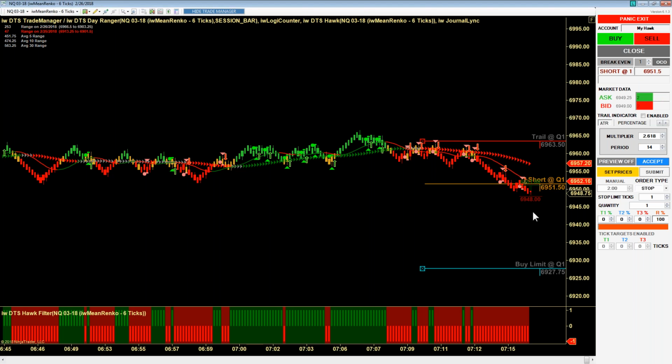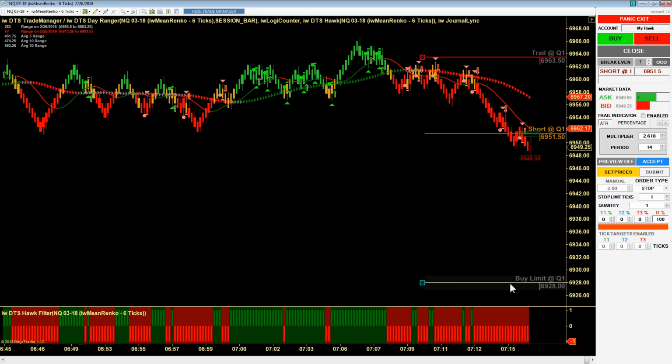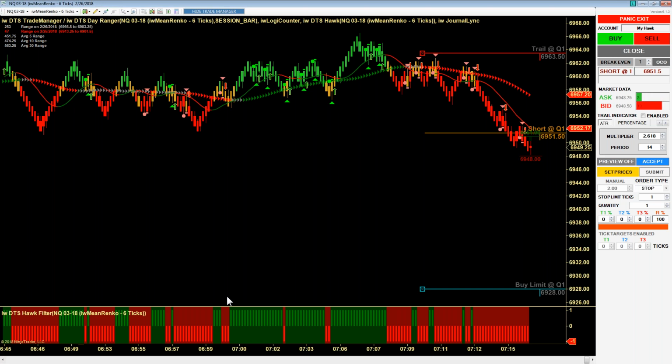Any other price above here will not get me filled. It has to come down at least to 69.27. Here we'll make it 69.28. It has to come down at least to 69.28 and exceed it by one tick if I'm going to get that order filled, because this is limiting my price.